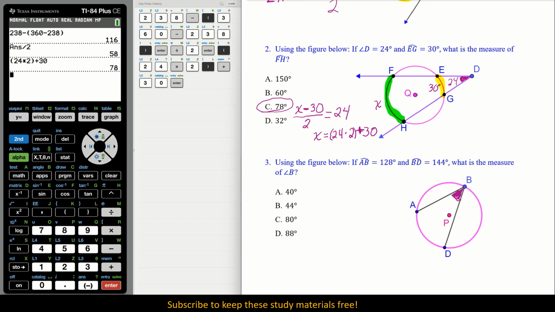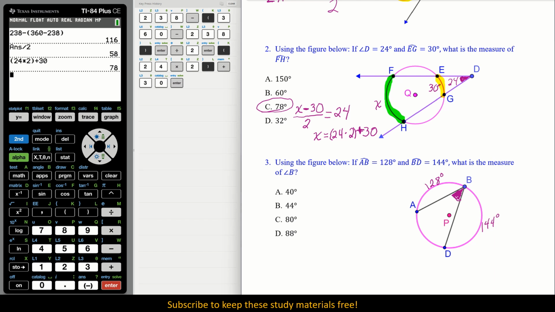So using the figure below, if AB is 128 degrees, notice that that's from A to B, and then we have our B to D being 144 degrees, what is the measure of angle B? Because of how these chords are cutting up the circle, each endpoint is on the circle.